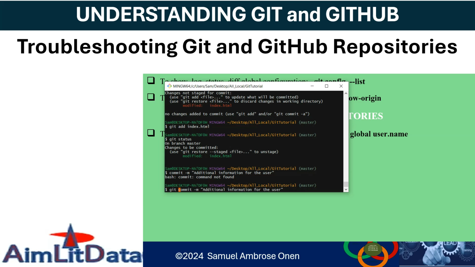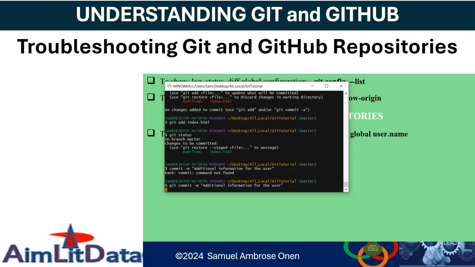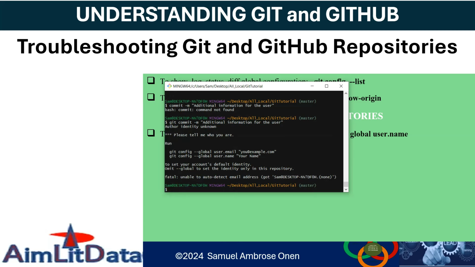So let us see if we are going to commit this change. Friend, as you can see, it says please tell us, tell me who you are. I'm not known by Git. Why? Because I have taken out the author and the committer of the system.